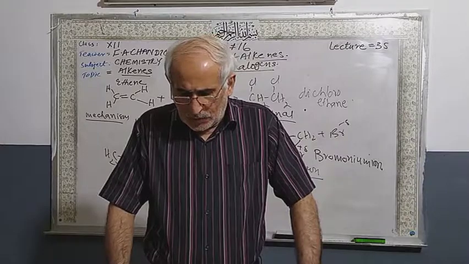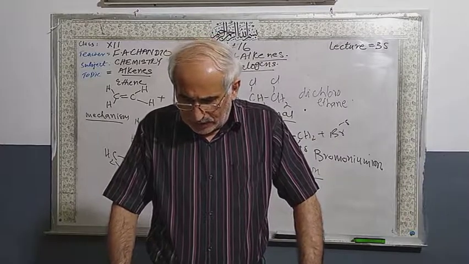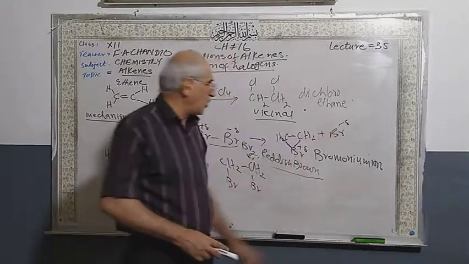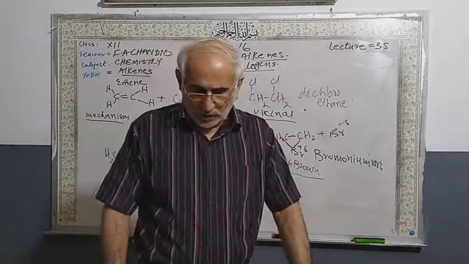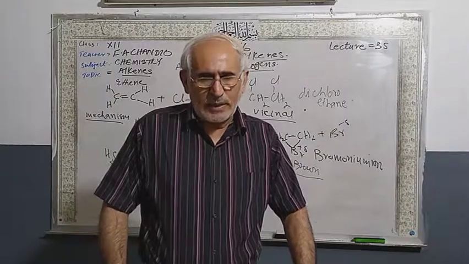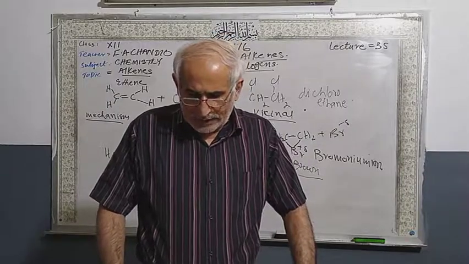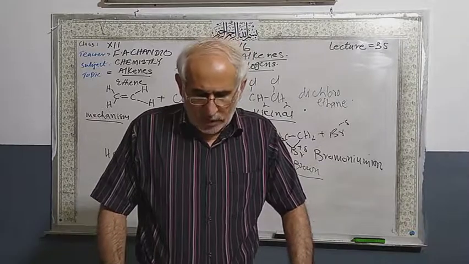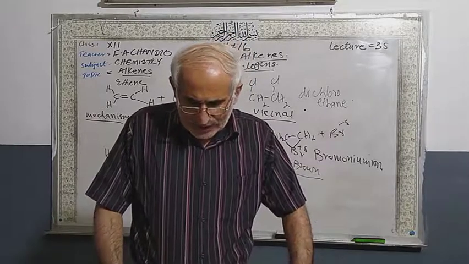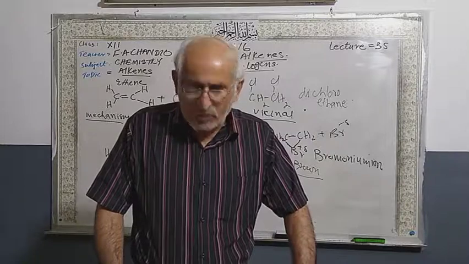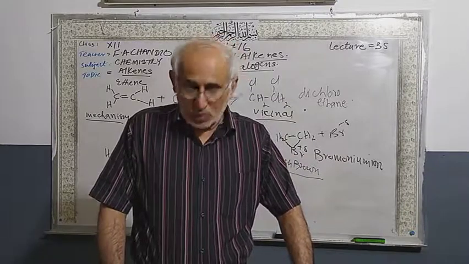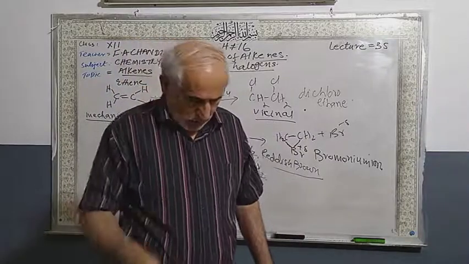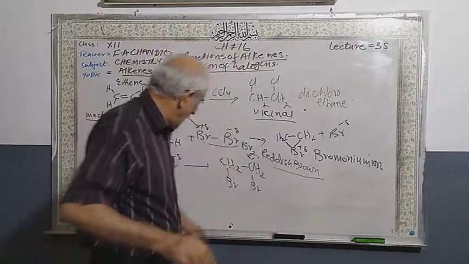This is the negative charge, this is the bromonium positive charge, forming the vicinal dibromide. The color of bromine disappears, which shows that a double covalent bond is there. This is a test for unsaturation, which is written in your book also. This is the halogenation.